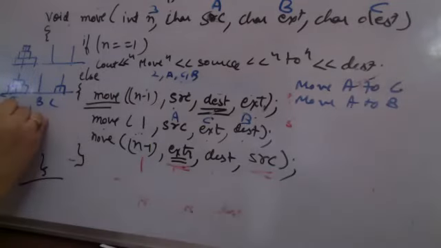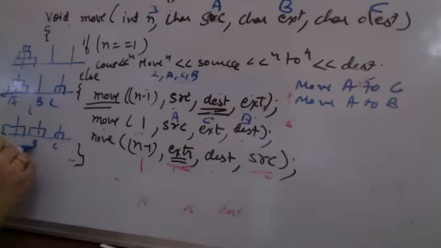So when I am moving A to B, I will be getting A is having now only a single, B is now having second largest, A was having the largest, and C is having the smallest.